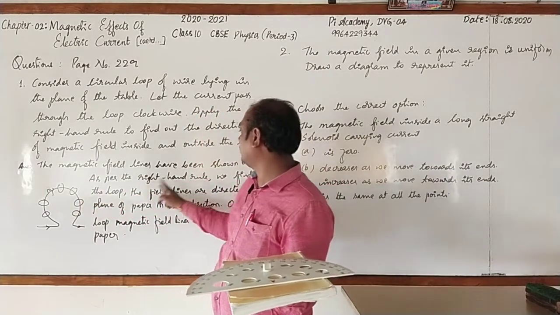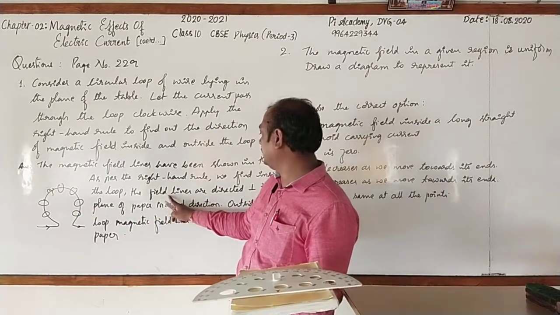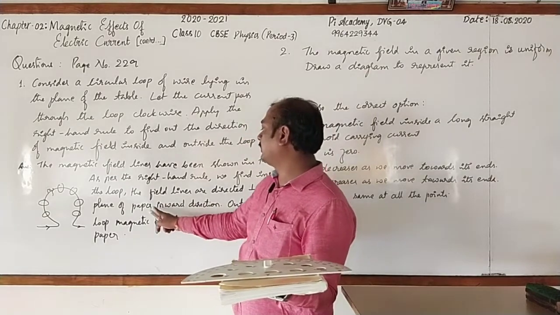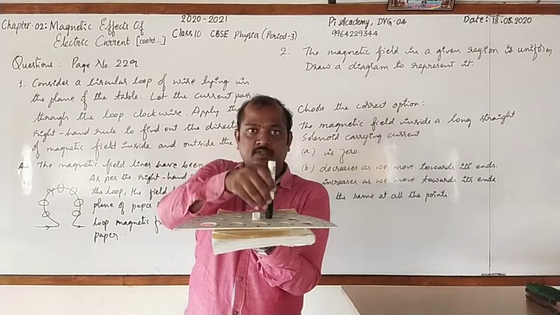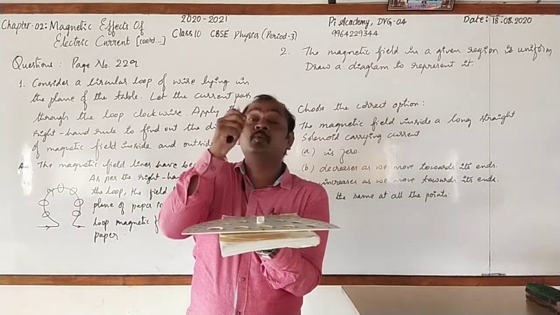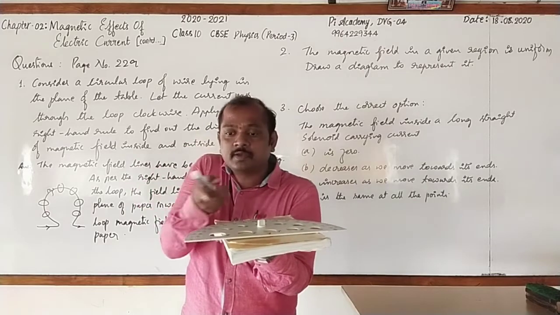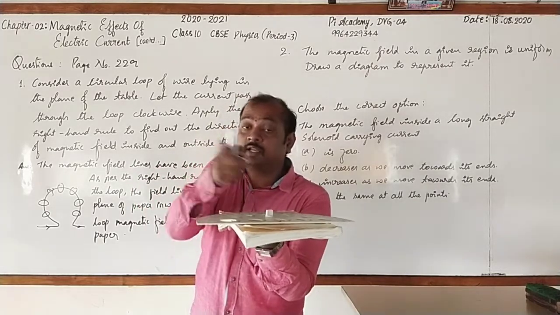As per the right hand thumb rule, we find inside the loop the field lines are directed perpendicular to the plane of the paper, in the inward direction. Clear? Whereas outside the loop, the lines of force will be concentric circles.